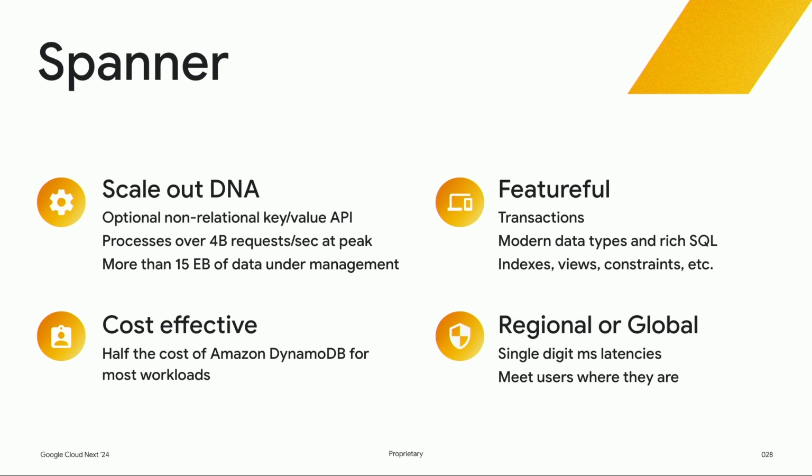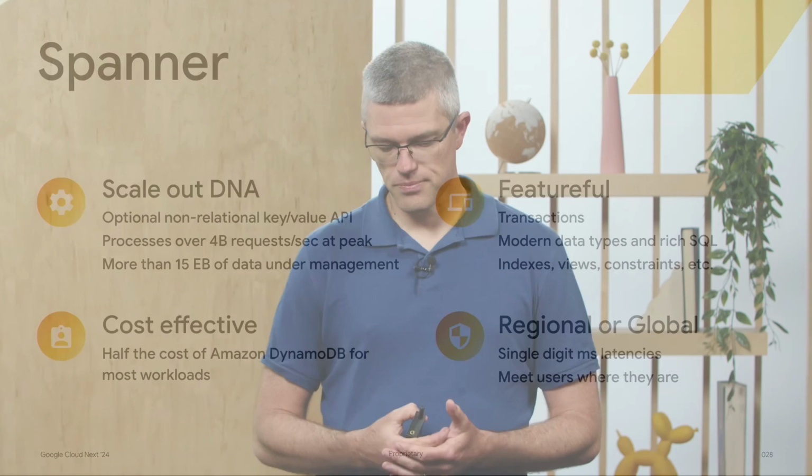Today, Spanner processes over 4 billion requests per second at peak and has more than 15 exabytes of data under management. With Spanner, you get great cost and performance on simple workloads, even compared to specialized non-relational systems, while you also get a big tool bag of capabilities you can draw on as you add requirements over time.